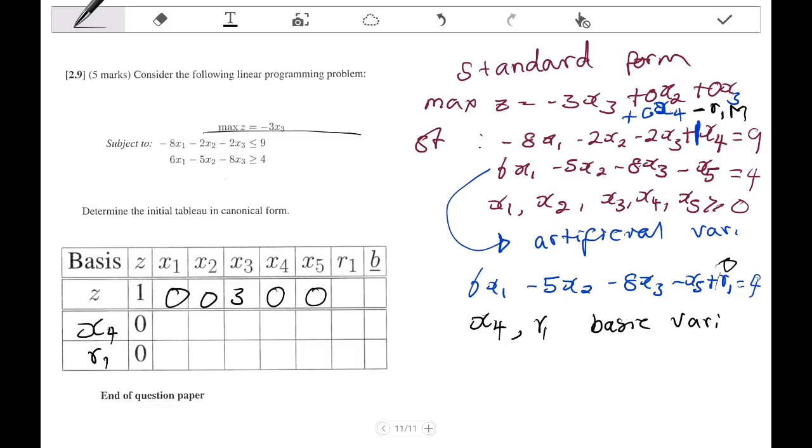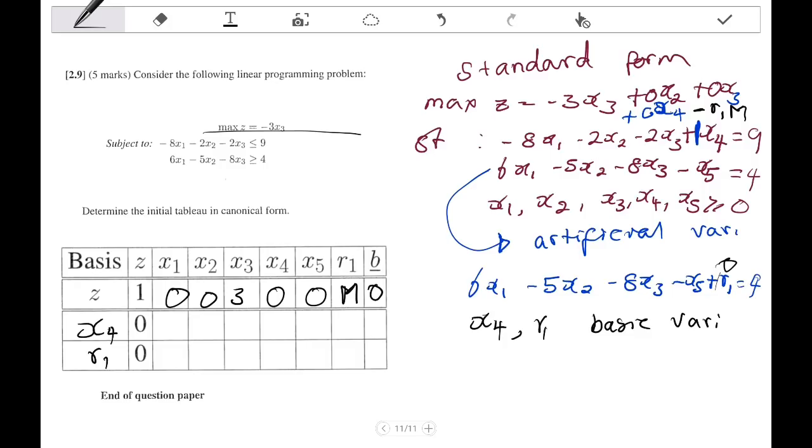x5 is 0. But for R1, remember that after converting, they said to determine the initial table in a canonical form. So in the canonical form, you have this max here, and the term is minus R1M. If you take this to the other side, it becomes positive, so the coefficient of R1 is M. The problem's initial value is 0.